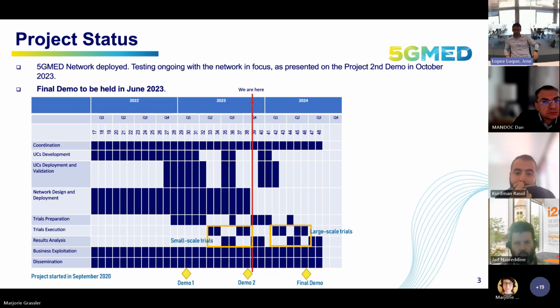We were showing all these use cases I have described working, or not everything, because everything will be shown in the final demo scheduled for June 2024. But many things were shown already in the demo we had a couple of weeks ago. And as you can see, basically the network deployment is finalized, and now we are focusing on more testing on the use cases and also business exploitation, dissemination activities, etc.